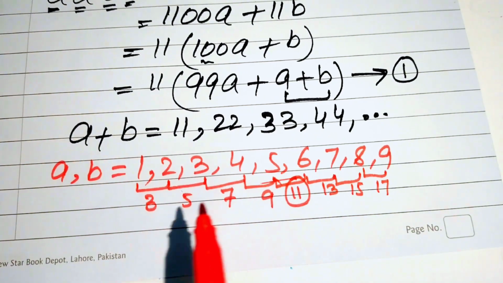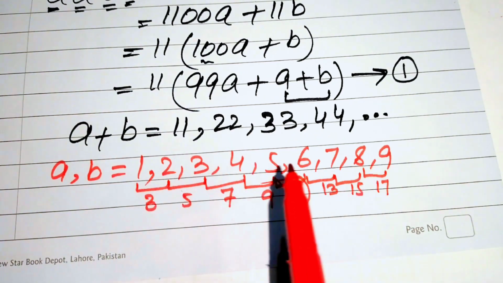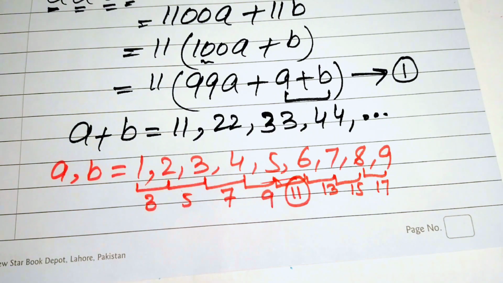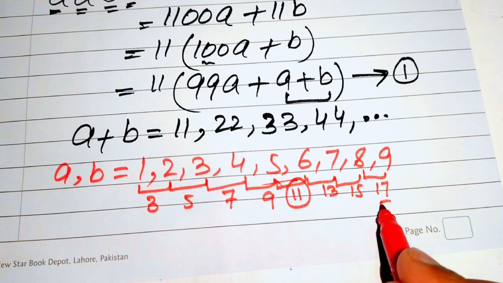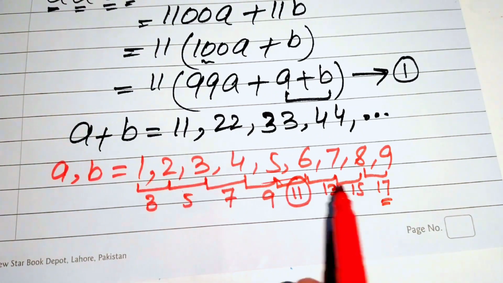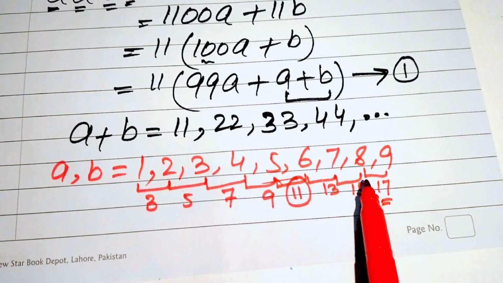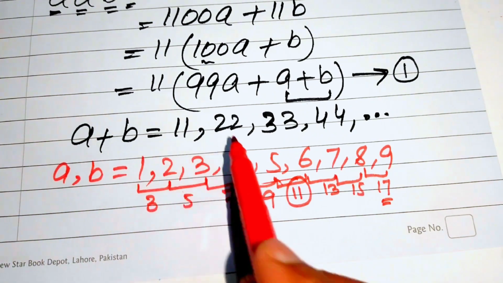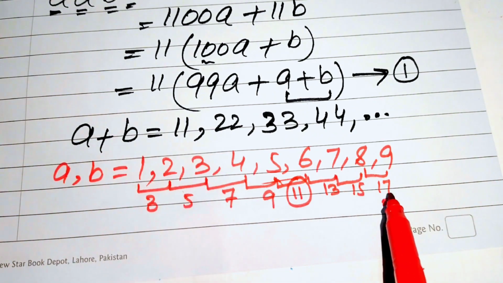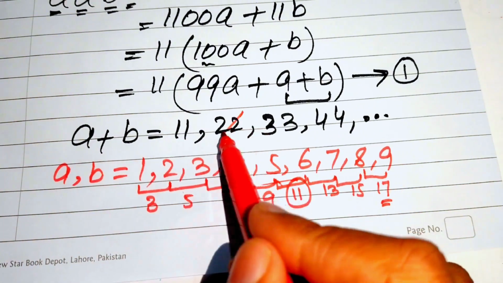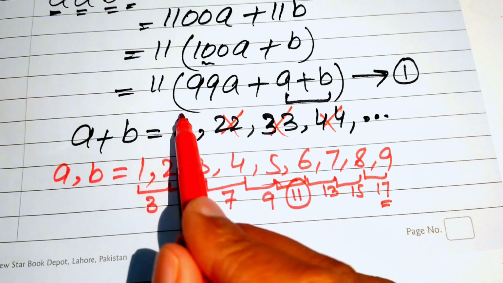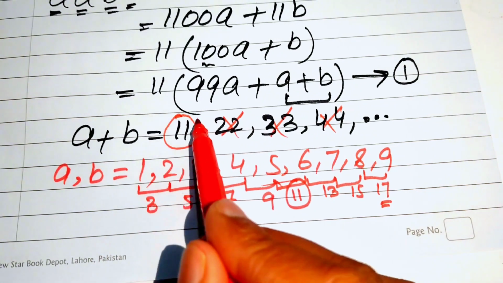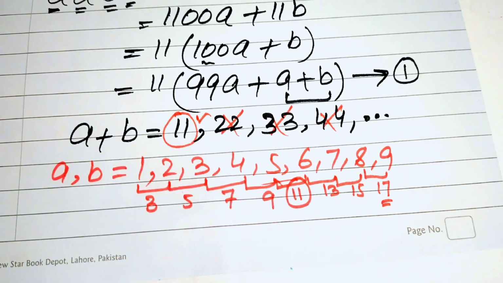It means that if you add any two of these numbers, the maximum value is 17. You cannot get a value greater than 17 by adding any two numbers. So our greatest value is 17, which means we cannot get the larger multiples, and we get only one multiple of 11, which is 11.